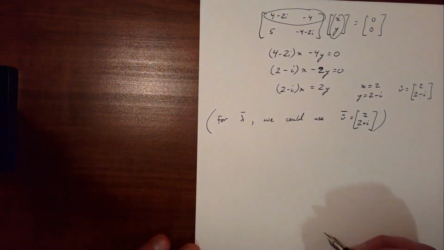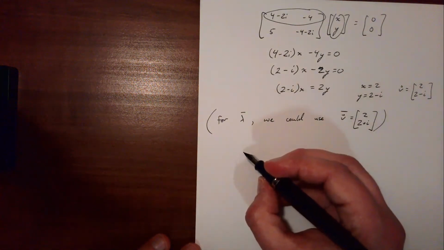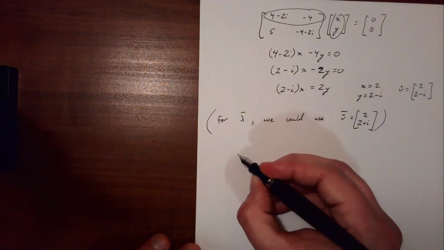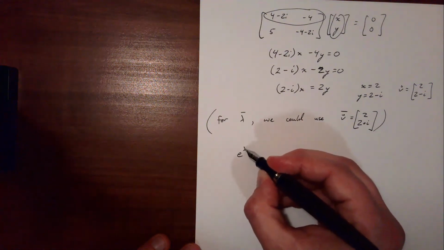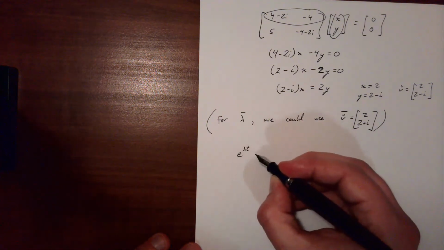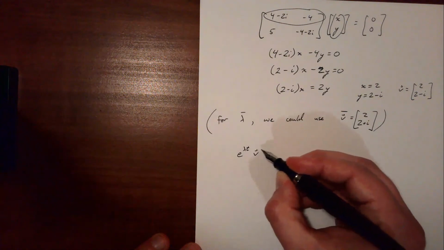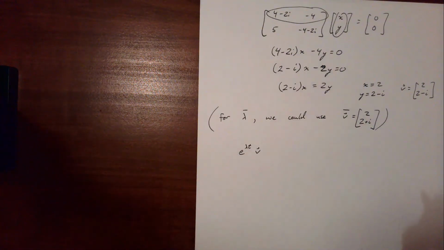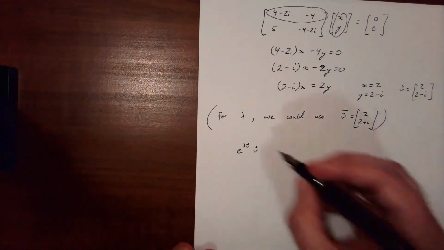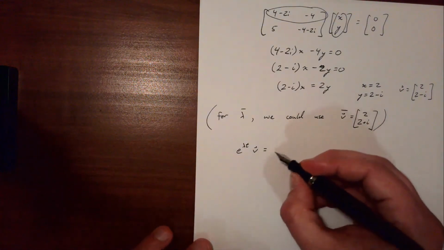Okay. Anyway, that's all well and good. But now we are supposed to be expanding e to the lambda t v. So we're not supposed to really be worrying that much about the conjugate right now. So let's just see where this takes us.